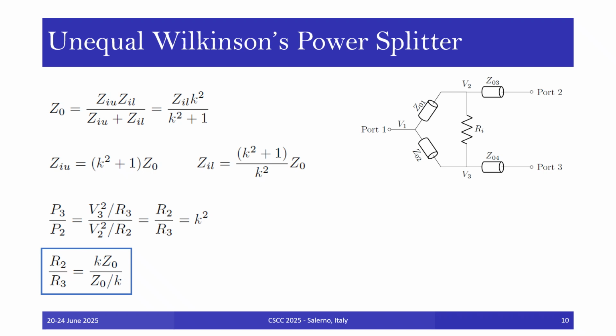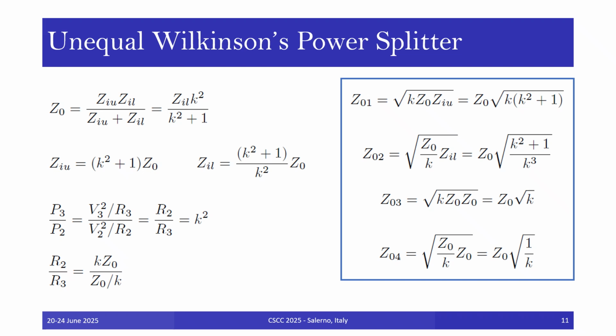Thus, expressing this as follows gives the values of R2 equal to K Z0 and R3 equal to Z0 over K. Since the transmission lines have a length of a quarter wave, the respective characteristic impedance of each section will be given by the highlighted equations by calculating the geometric mean of the input and output impedance of each transmission line section.